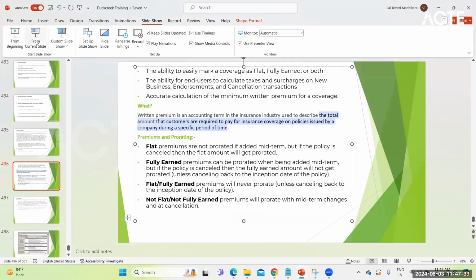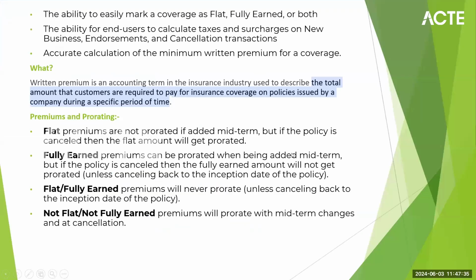Midterm means, for example, he cancelled his policy after 6 months when initially he had taken the insurance for 1 year. Prorated means it will divide into half. So 1 year divided into half means 6 months. So still 6 months is there, and the amount applicable for the remaining 6 months will be returned back to the customer who took the policy.